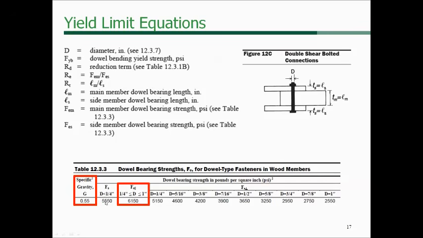Less than a 1/4 inch, we don't see that difference between parallel and perpendicular to grain. So for nails and a lot of smaller diameter wood screws, less than a 1/4 inch diameter, you've just got one dowel bearing strength that you see here, 5550. So that kind of helps you navigate some of those tables, some of those properties.